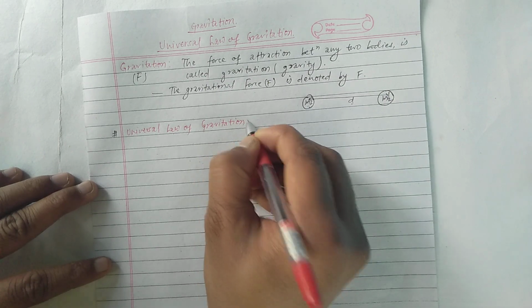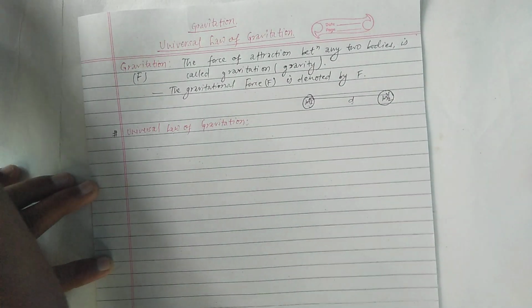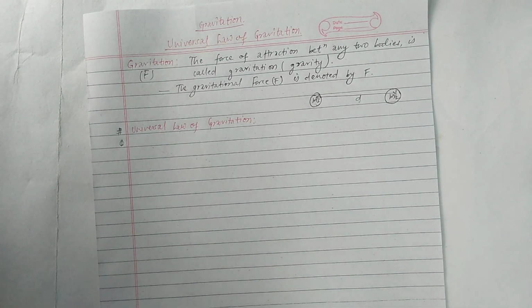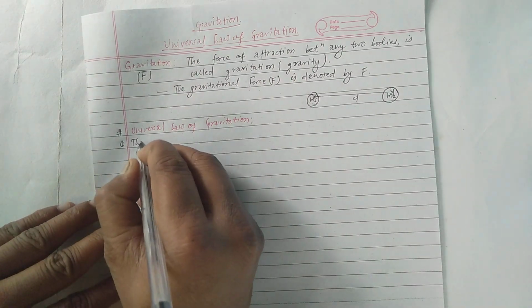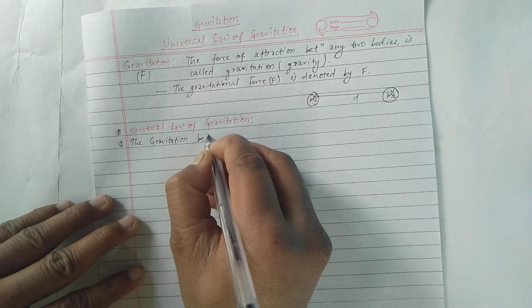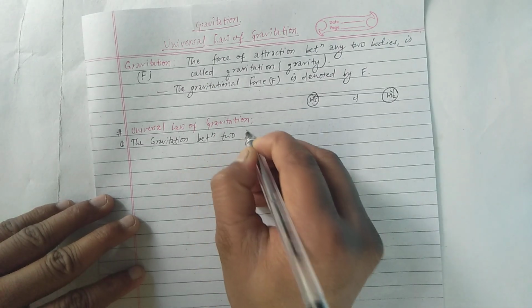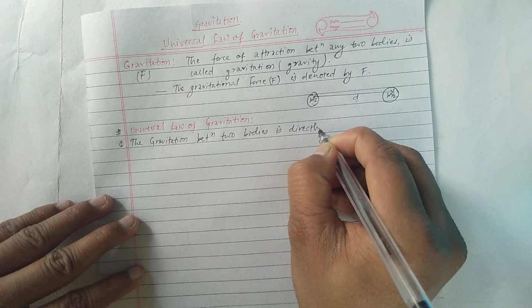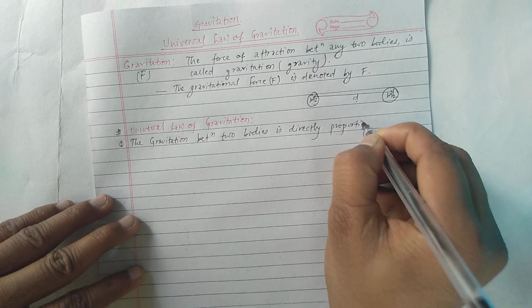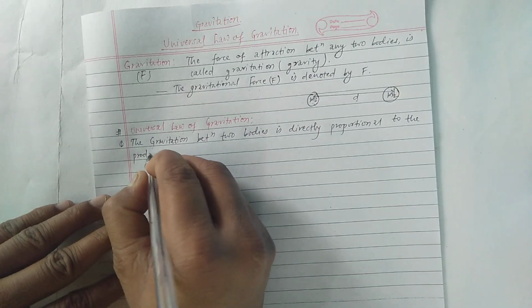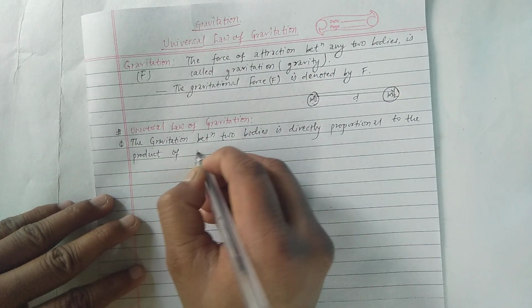Basically, Newton gave two different laws of universal gravitation. In the very first, the gravitation between two bodies is directly proportional to the product of their masses.